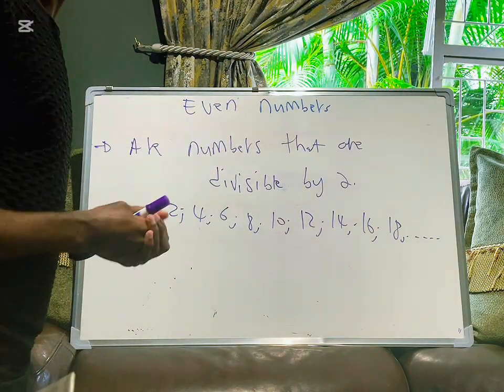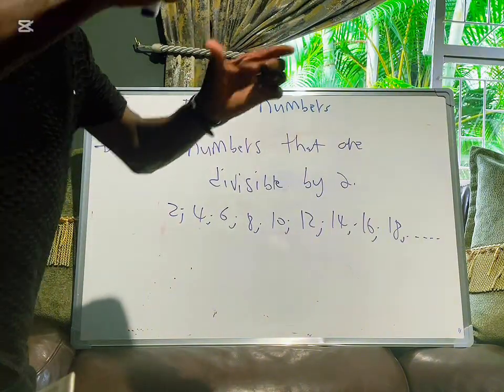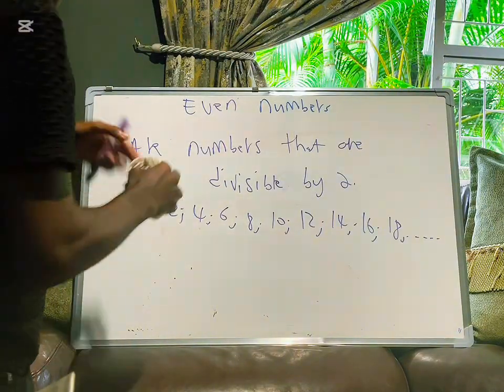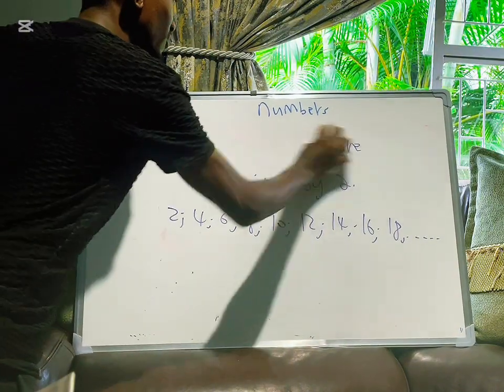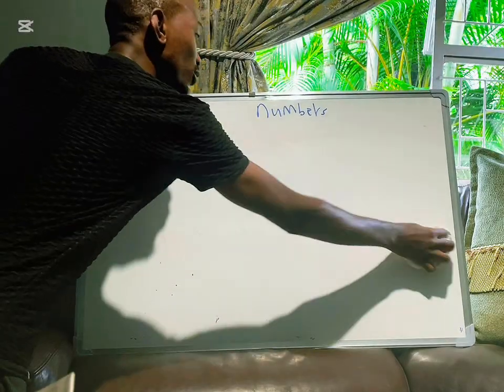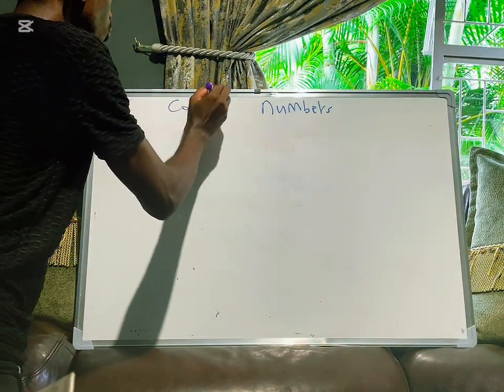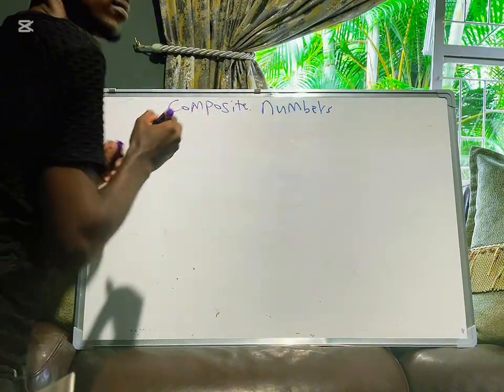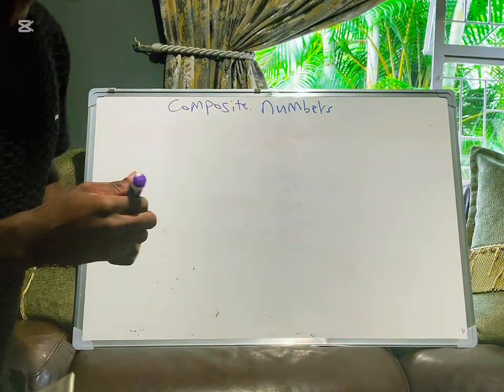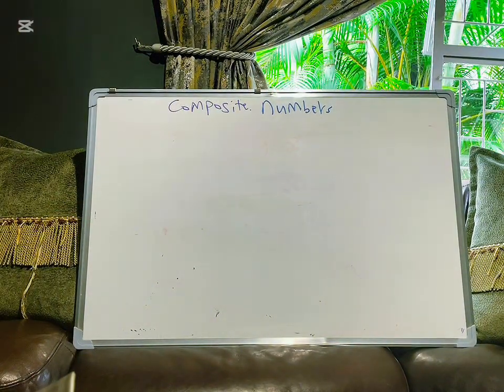Now I'm going to come into something else called composite numbers. So you're going to know the difference of these numbers. So we have this one called composite. Let's think of a composite number.